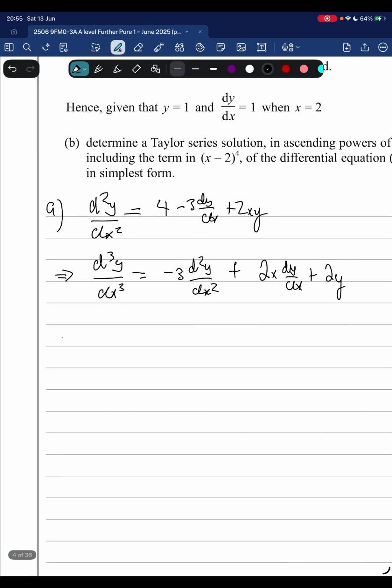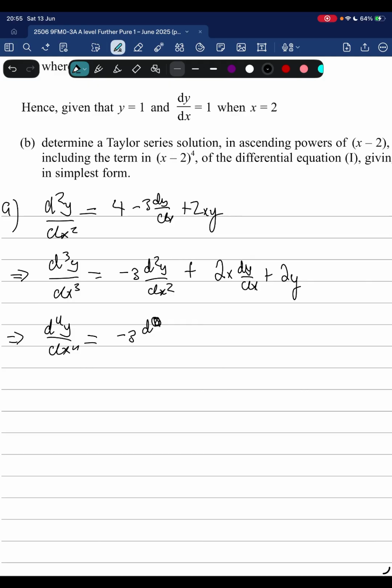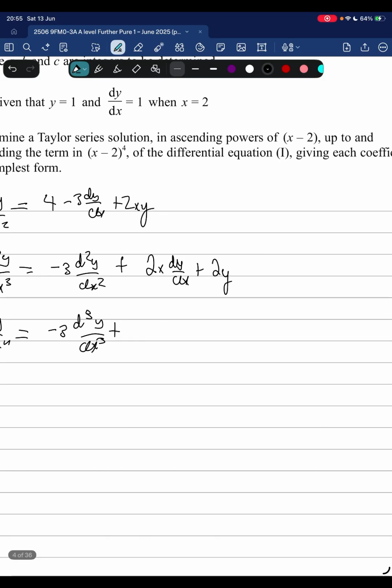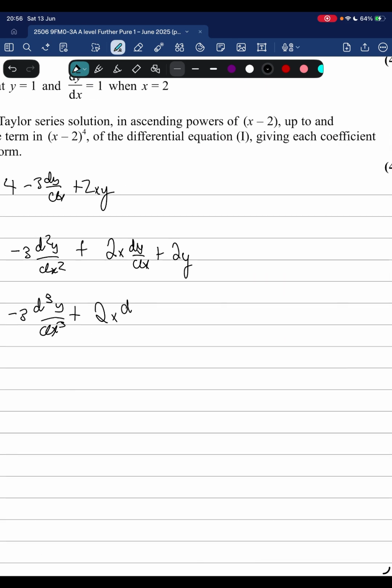Okay. So now we differentiate that again, and we get d4y by dx to the 4 equals minus 3 d3y over dx cubed plus, now product rule this one. So we differentiate x, we get 1, differentiate dy by dx, we get d2y by dx squared. So we're going to get 2x d2y by dx squared plus 2 dy by dx.